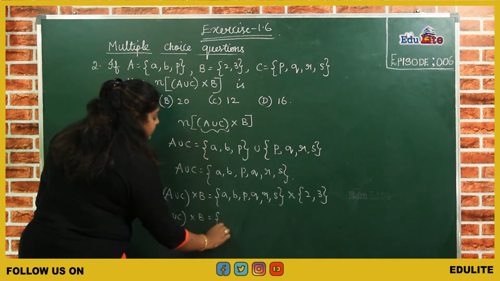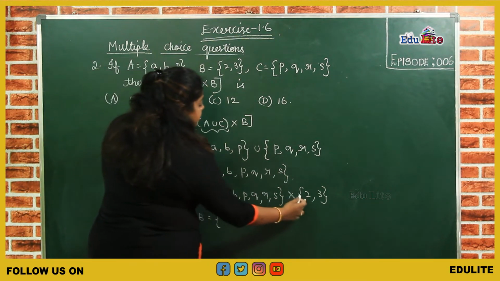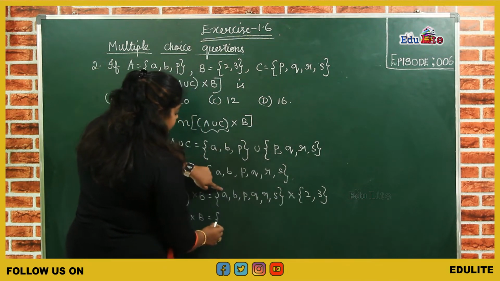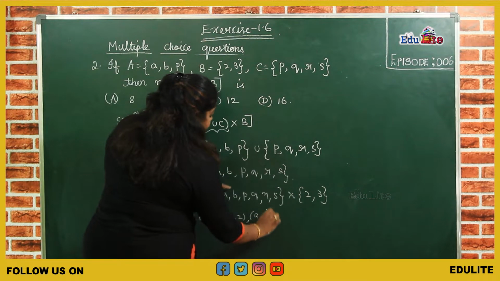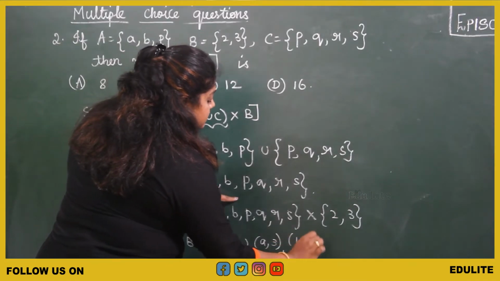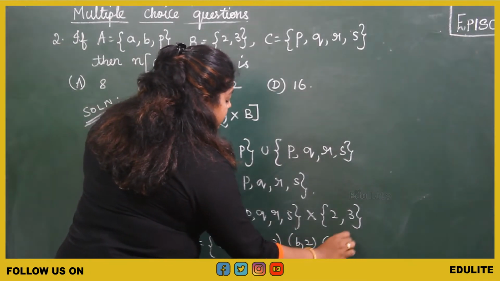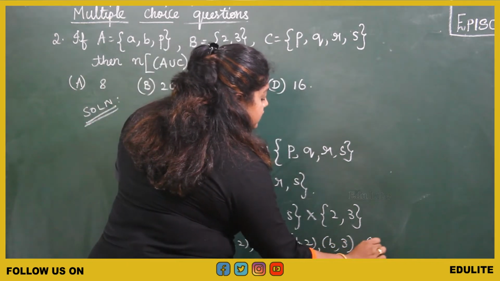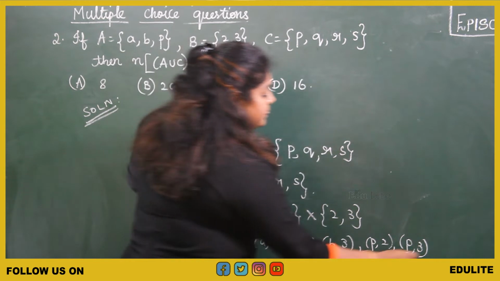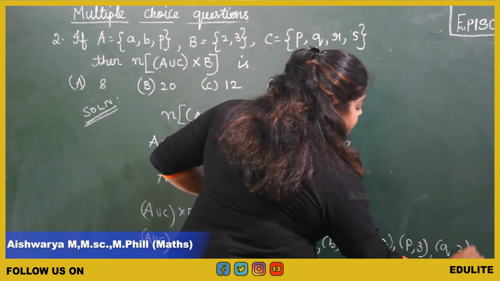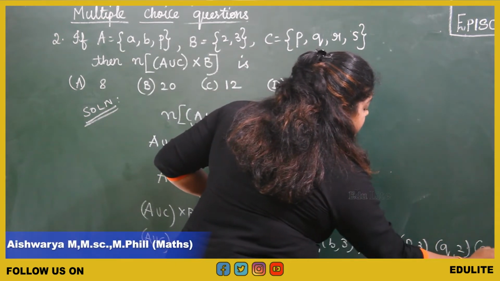We know to write the cross product, taking the first element, pairing with both the elements in the next set, that is A, 2, A, 3. Next B, 2, B, 3. Next P, 2, P, 3. Next Q, 2, Q, 3.